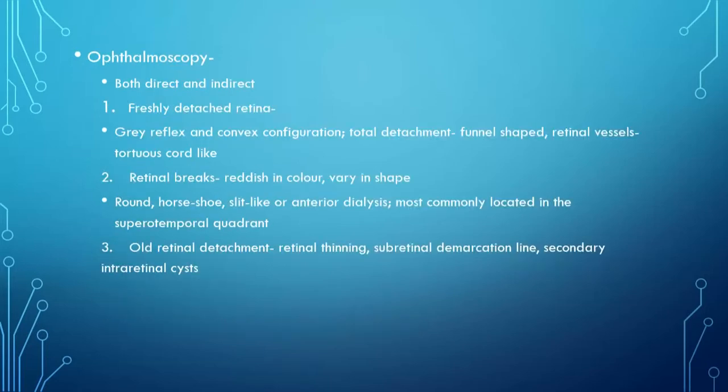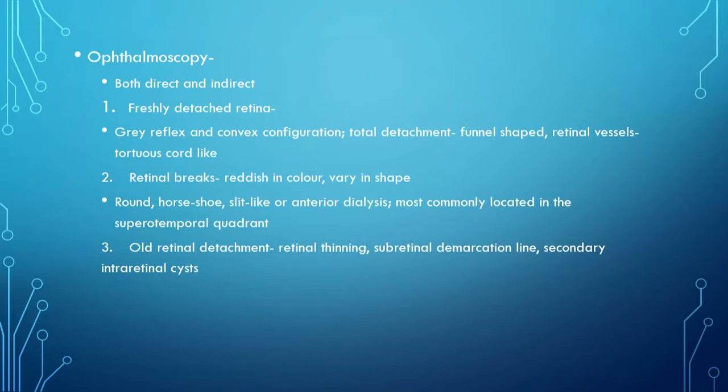Coming to ophthalmoscopic examination, both direct and indirect ophthalmoscopic examination is a must in these patients. So what you see on the examination is whenever there is a freshly detached retina, in the region of the retina, as we have already seen, there will be a gray reflex, and the configuration of the detachment in rhegmatogenous type is convex.